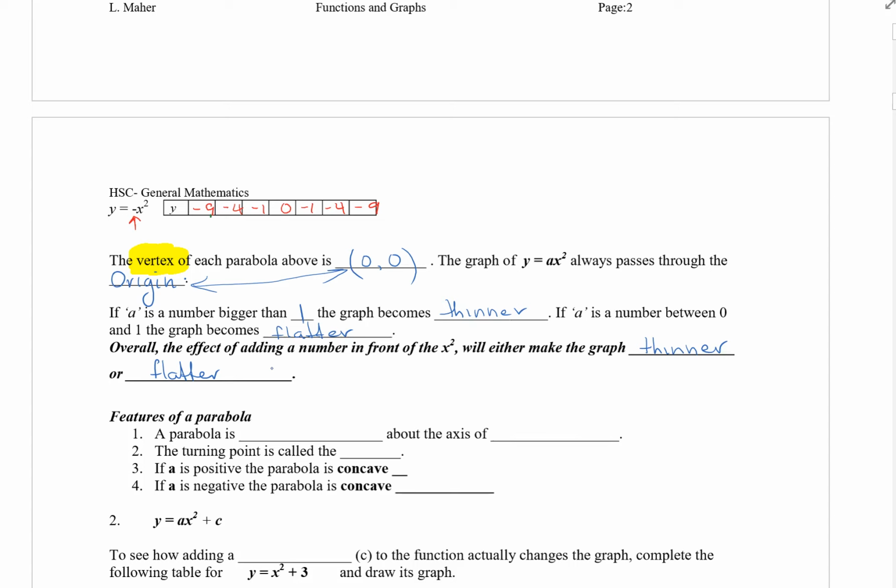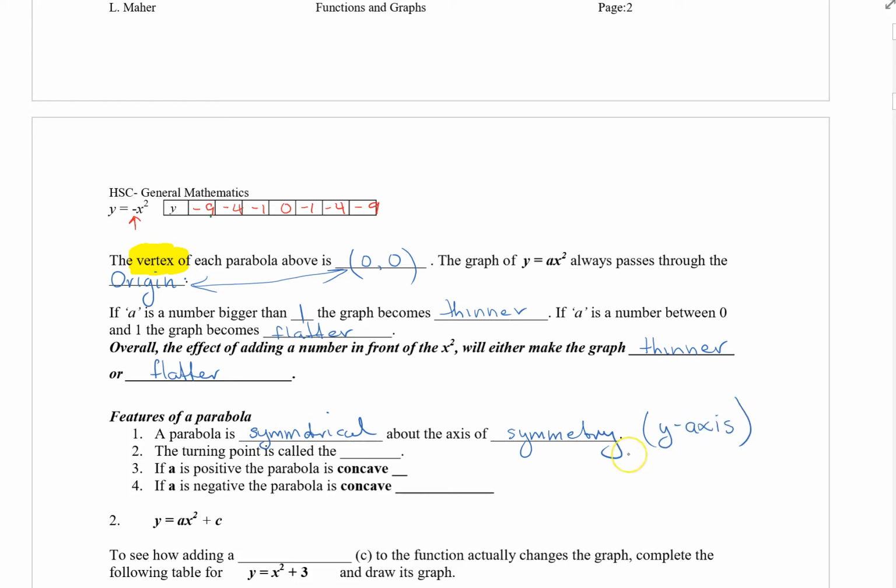A parabola is symmetrical. Now this is just repeating the features because they're important: the axis of symmetry is the y-axis.